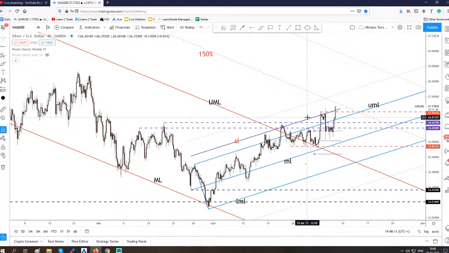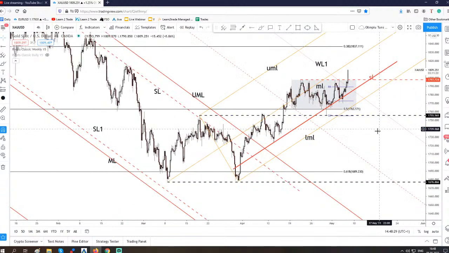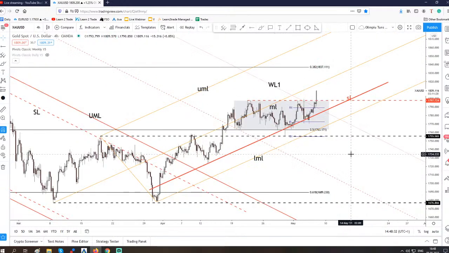So silver could continue to increase if gold will continue to increase. We had here an aggressive rally on gold as well, and maybe here on gold a potential decrease to retest this level will bring us a new buying opportunity.